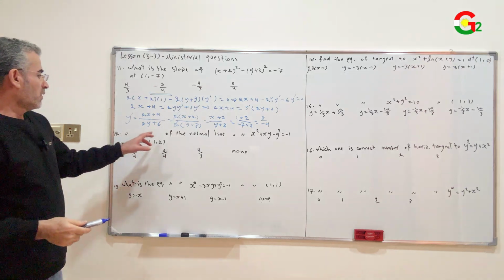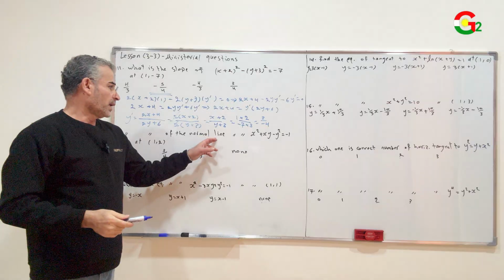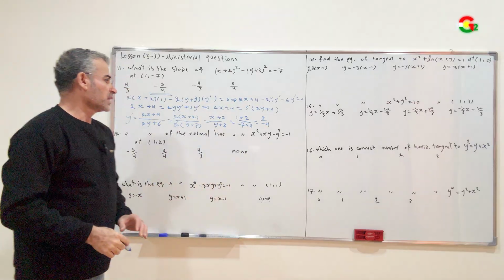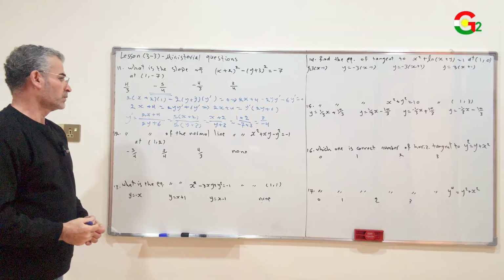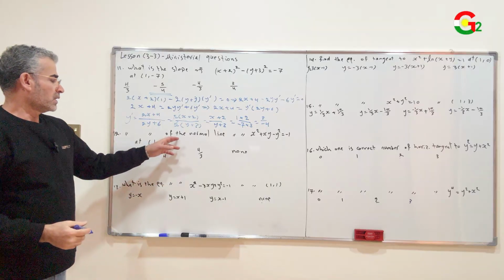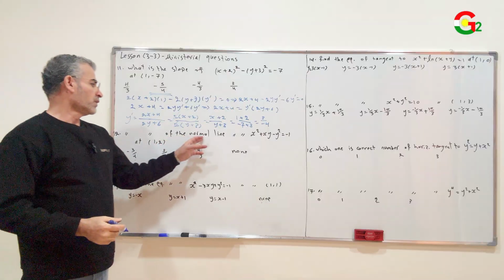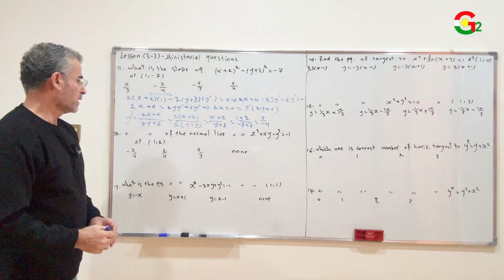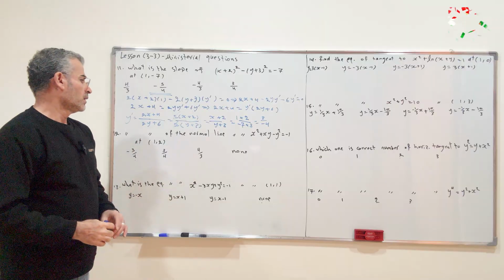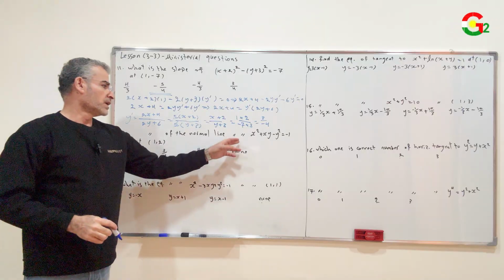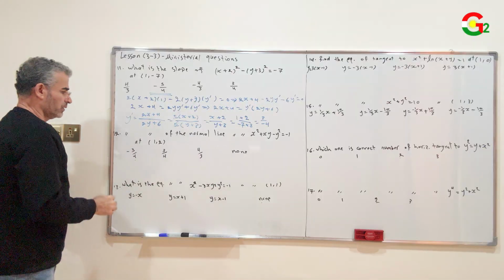Question number 12. What is the slope of the normal line of the curve x power 2 plus xy minus y power 2 equals negative 1? The slope of the normal line is the reciprocal of the tangent line of this curve at the point 1, 2.